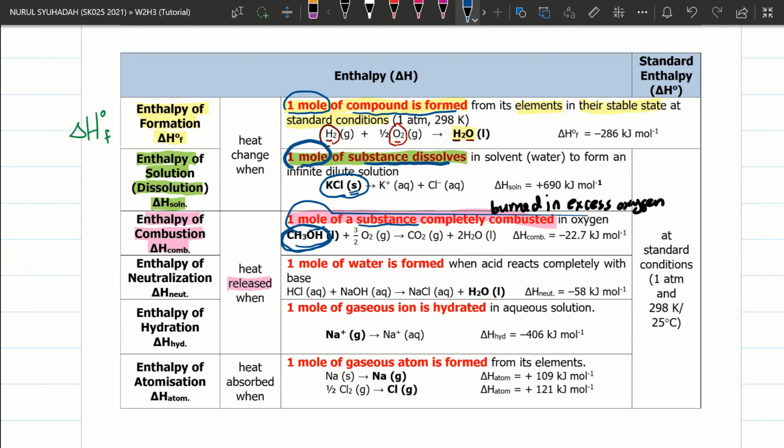For example, I'll show you how to write the equation for this one. CH3OH plus O2 to produce CO2 plus H2O.